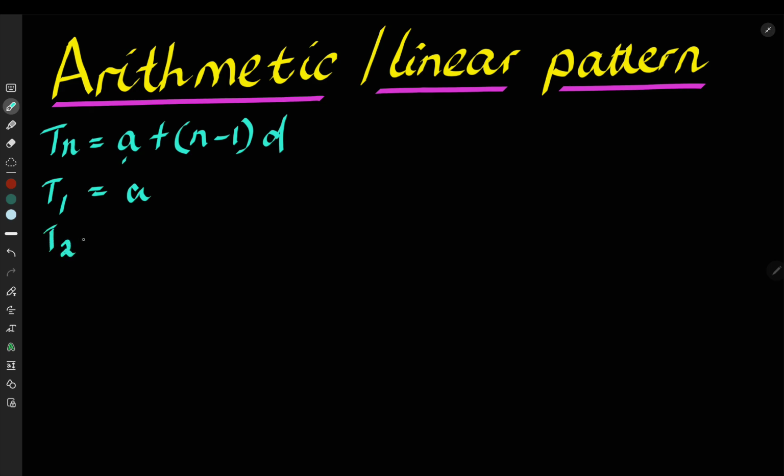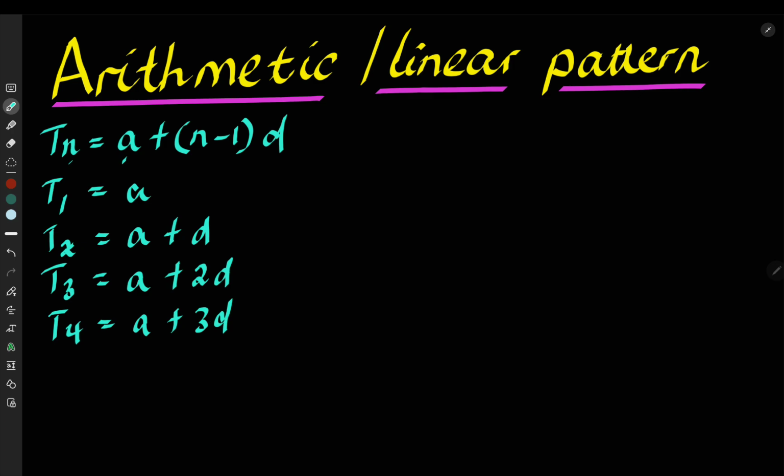Then you can also determine T2 by substituting n as 2, and you get a plus d, because 2 minus 1 is 1 times d. Then T3 will be equal to a plus 2d, and T4 will be equal to a plus 3d, and so on until you get to Tn, which will just be that formula there.